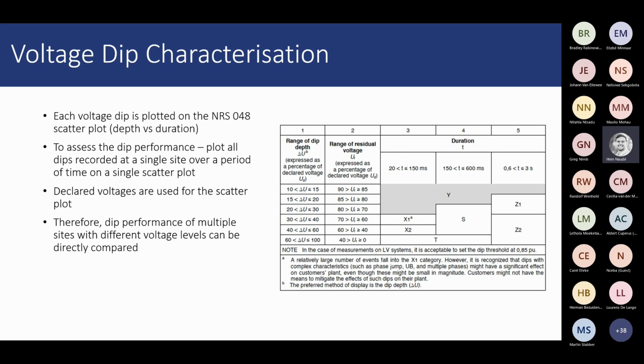That is more than you would see on MV or HV level. And I think why this note is here, I wasn't part of the working group when this was set up, I am at the moment, but most equipment on LV should have immunity or withstand voltage dips in this area, and not be that impacted. So that's just my comment on it. Thank you.